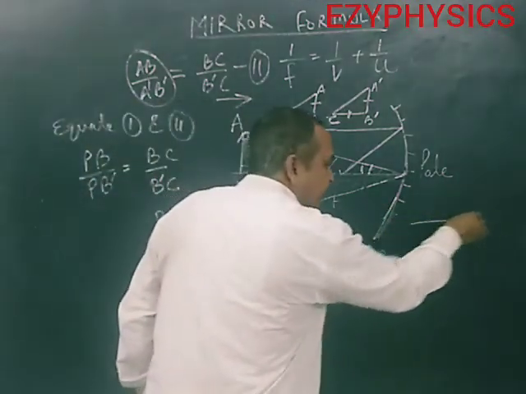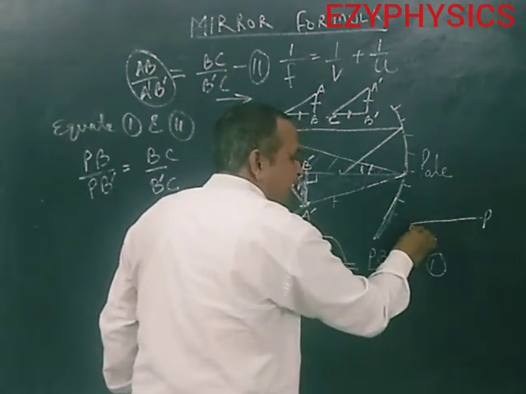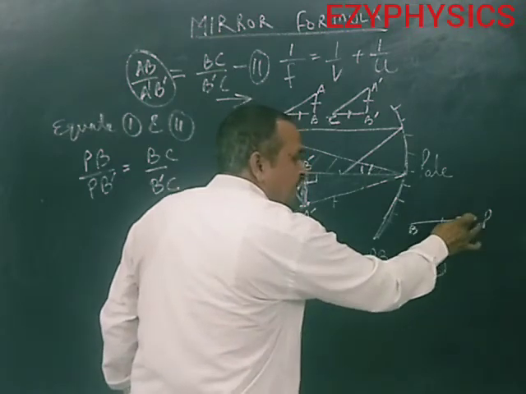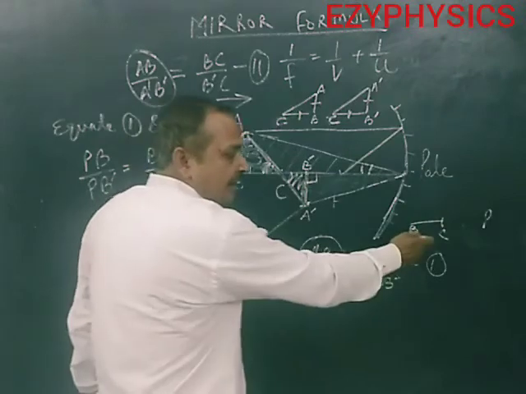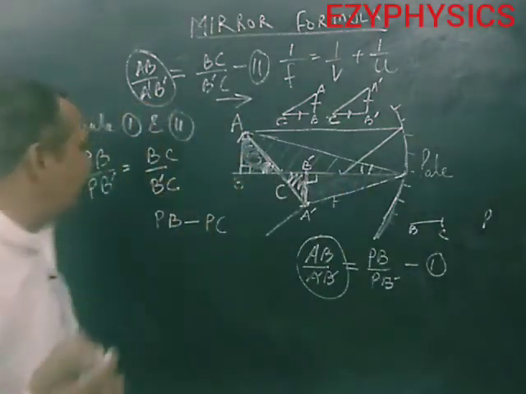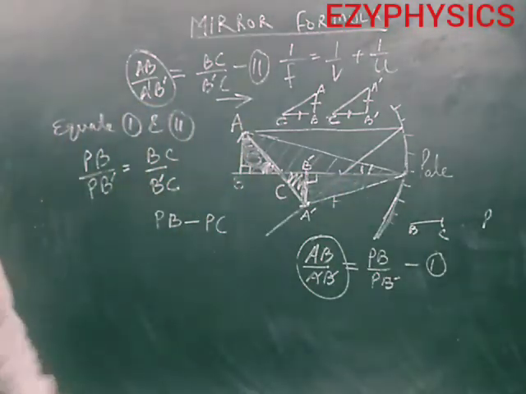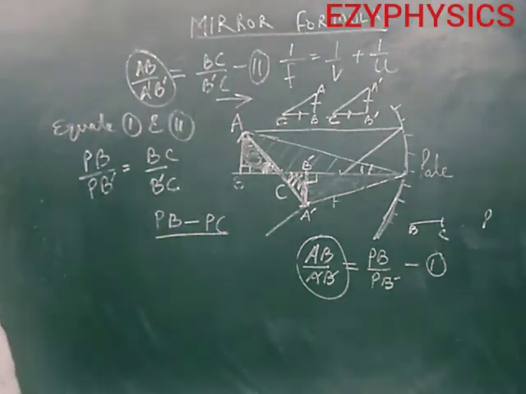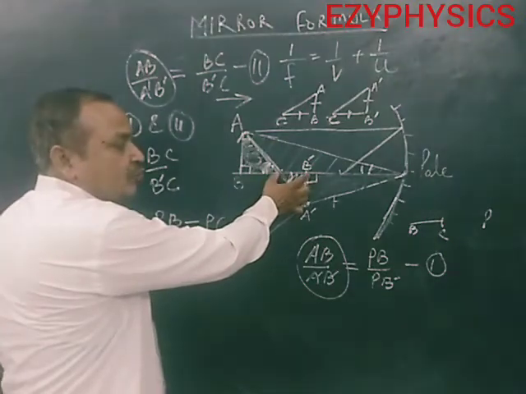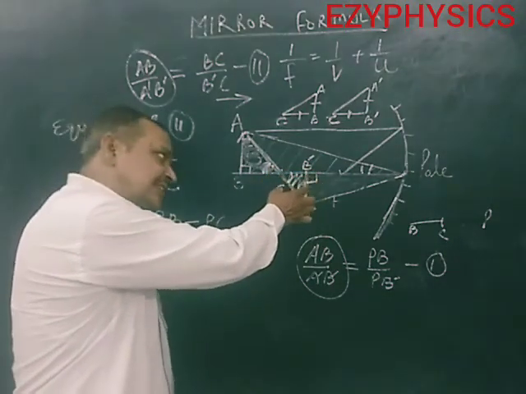शाबाश. अगर ये हमारा PB है और अगर हम PB में से PC को उड़ा देंगे तो हमारे पास BC बच जाएगा. वेरी वेरी गुड. अगेन, नाउ सेकंड इज B dash C. B dash C को क्या लिखेंगे? शाबाश.